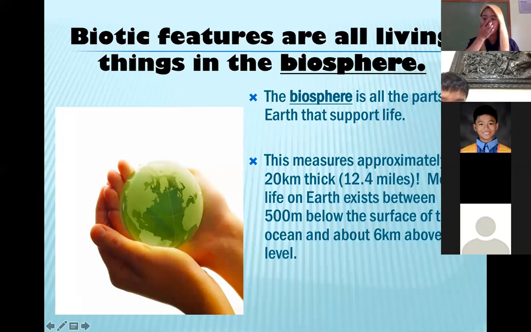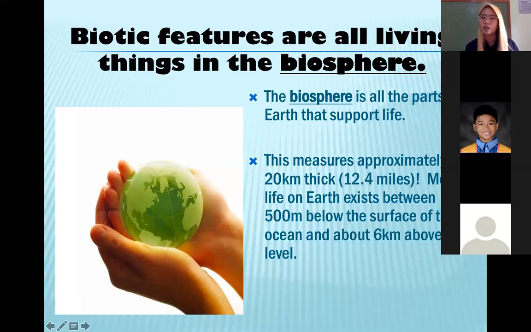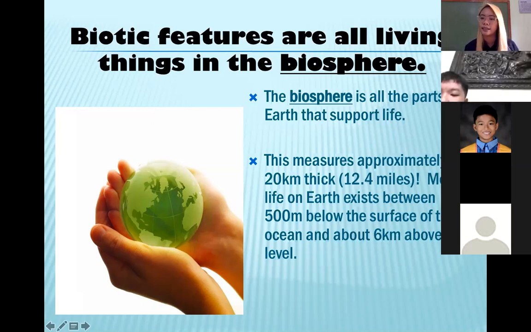So if you will remember from the core values of the school, the idea of stewardship, we are the living organisms, especially humans. We have the rationale or the mind, the reasoning to take care of these abiotic factors because it is our responsibility. And if we do not do it, then we will suffer the consequences in the end.